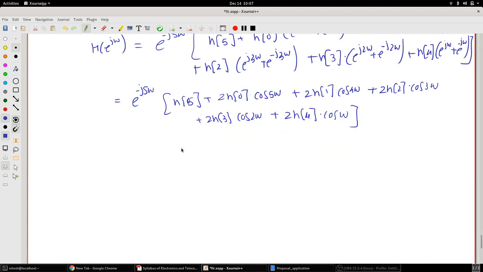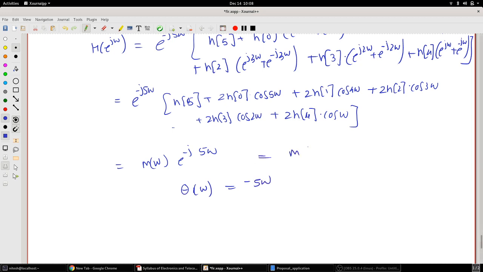If you look at this, this is all real part. This completely is real part multiplied by, it's basically of the form magnitude of omega into e raised to minus j 5 omega. So this is my magnitude response. M of omega is my magnitude response, and theta of omega, which is your phase response, is minus 5 omega.